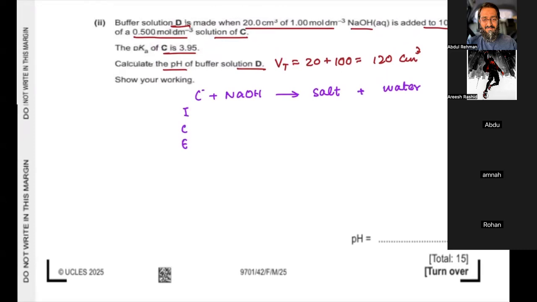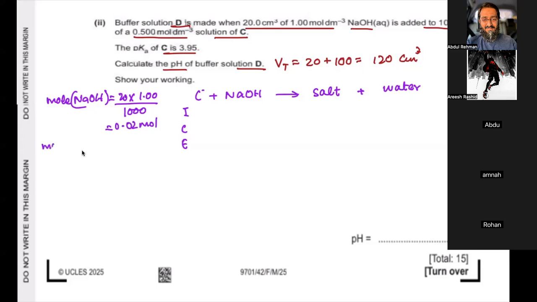But for that, we have to calculate the moles. So the moles of NaOH is equal to 20 times 1.00 over 1000. So it is going to be 0.02 moles.